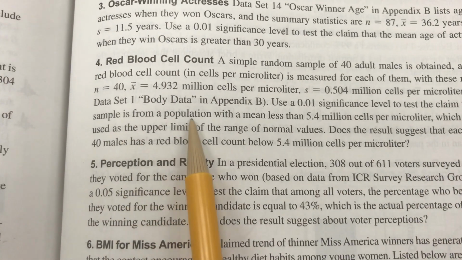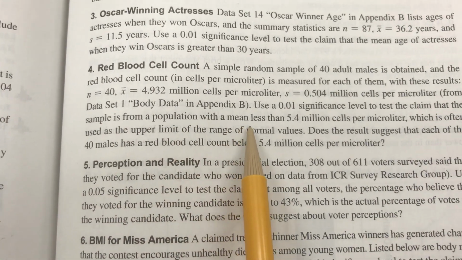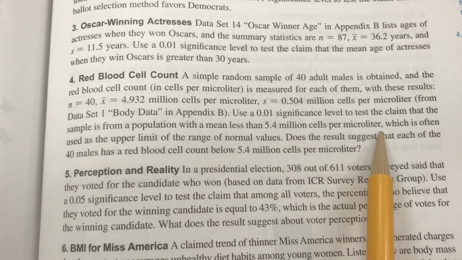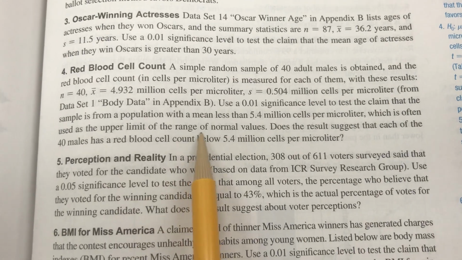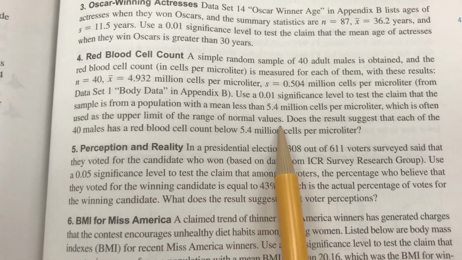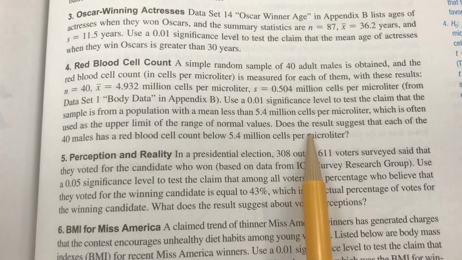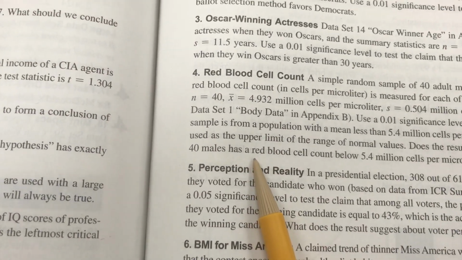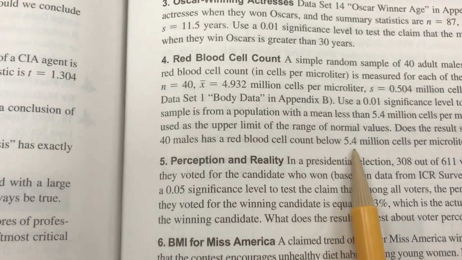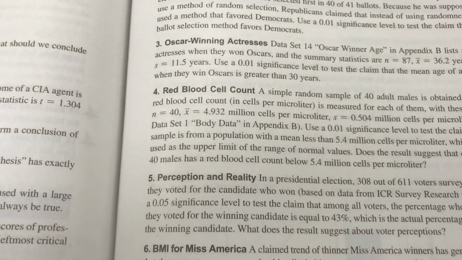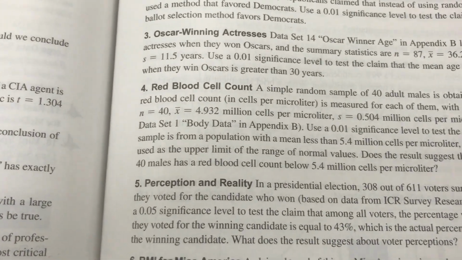The sample is from a population with a mean less than 5.4 million cells per microliter. This is a standard in that area. Do the results suggest that each of the 40 males have a red blood cell count below 5.4 million cells per microliter? Okay, so claim.